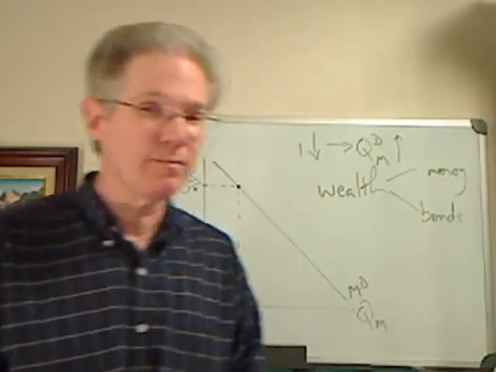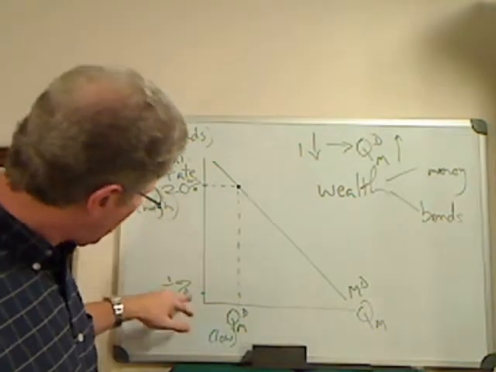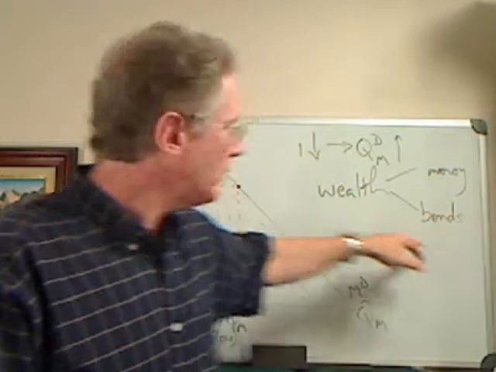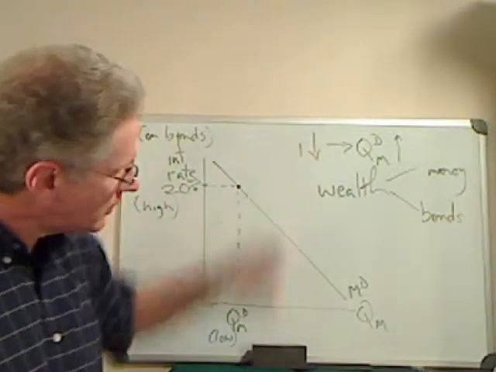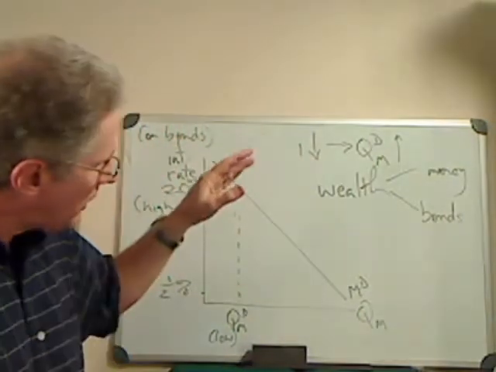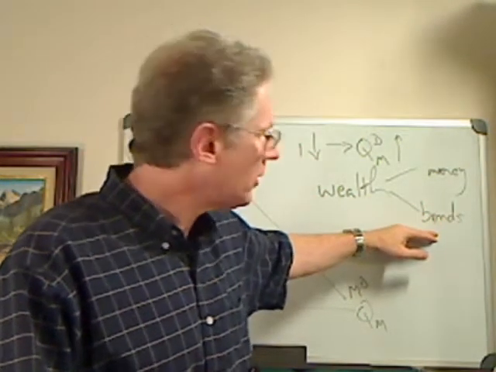You're not going to get rich quick that way. So at a low interest rate, bonds are not very attractive. You decide, I don't want to go to the trouble of buying and holding bonds. I want to hold only a small amount of my wealth in the form of bonds.